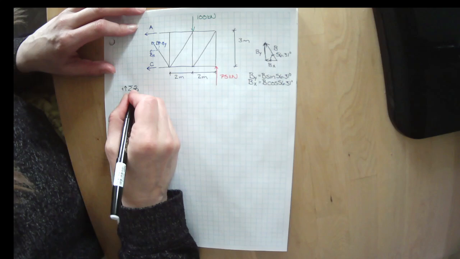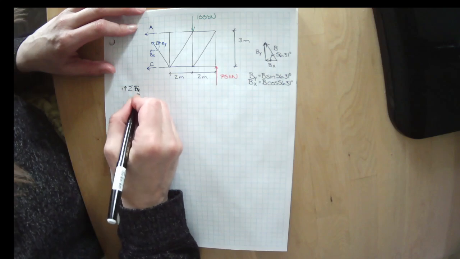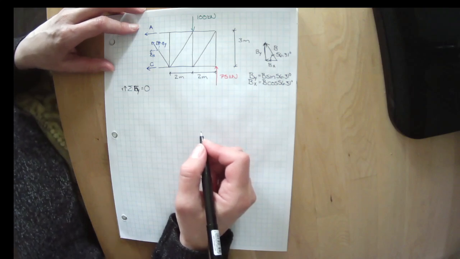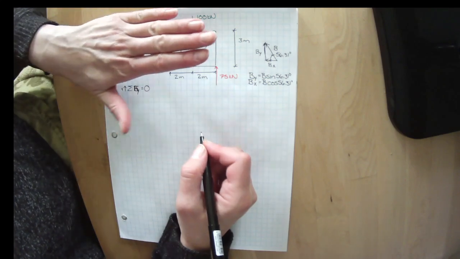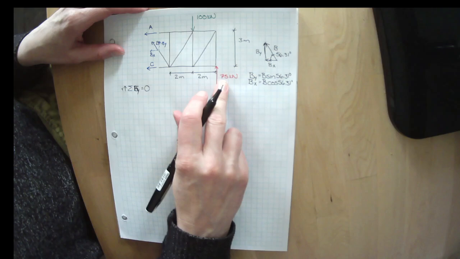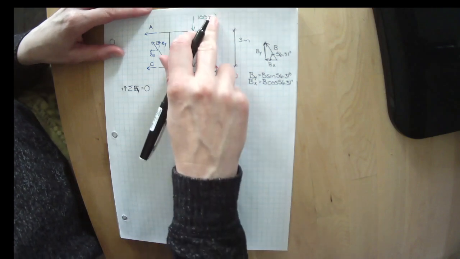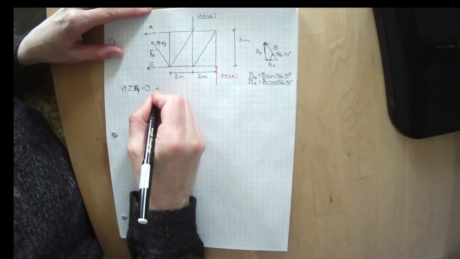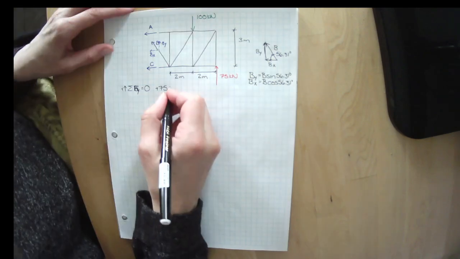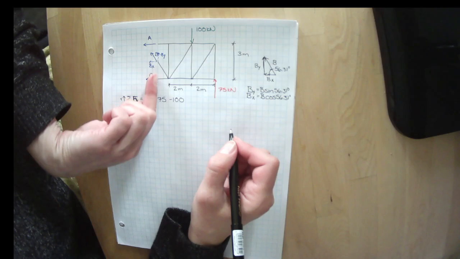Sorry, I'm going to sum my forces in the y direction, and I want to know what it takes for the sum of all the forces in the y direction to be 0. Or I want to know what is making this thing not move. I have 75 kilonewtons acting upwards. I have 100 kilonewtons acting downwards.